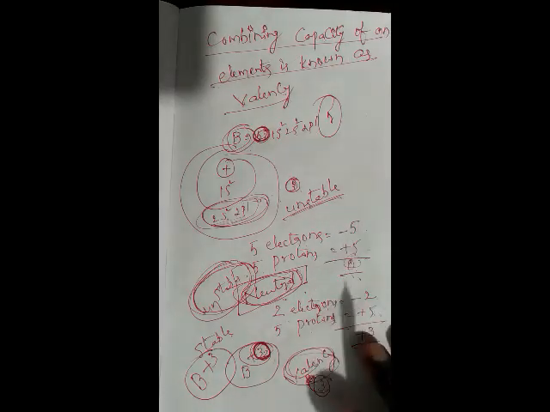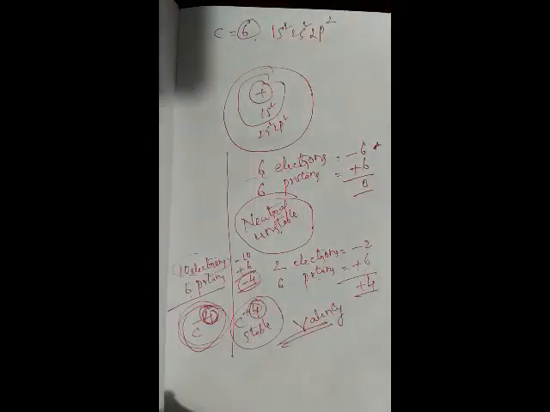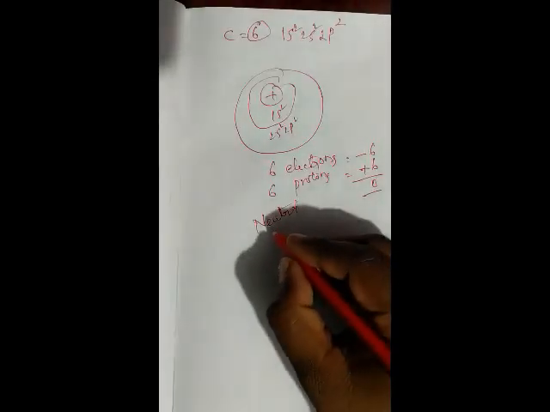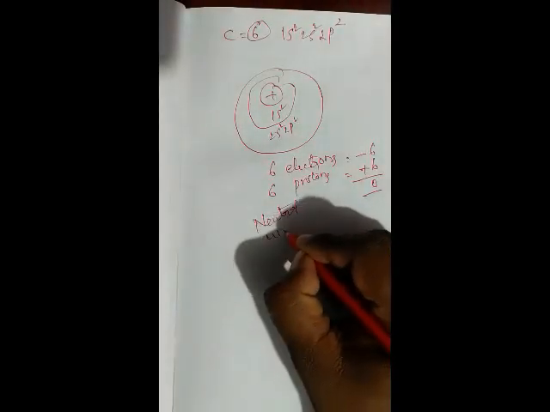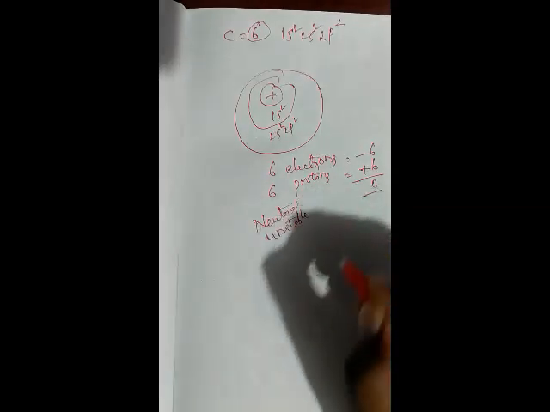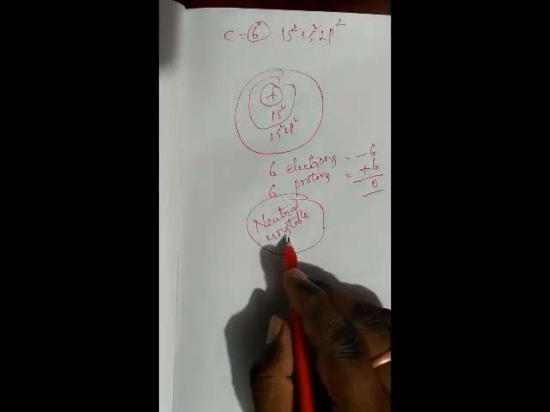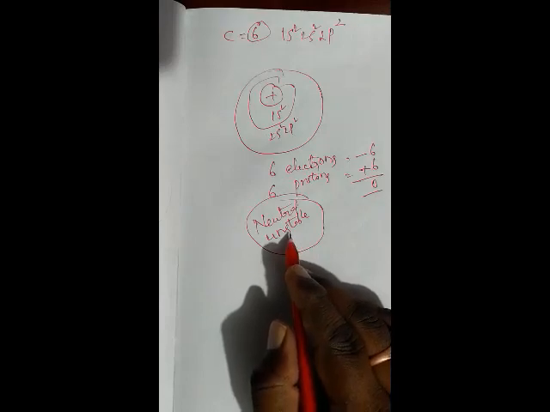Okay. Now see here another example. Carbon. So that neutral atom is unstable. The neutral atom is unstable. Now this carbon is ready to convert into stable. So for converting into stable, it acquires the electronic configuration of the nearest inert gas.